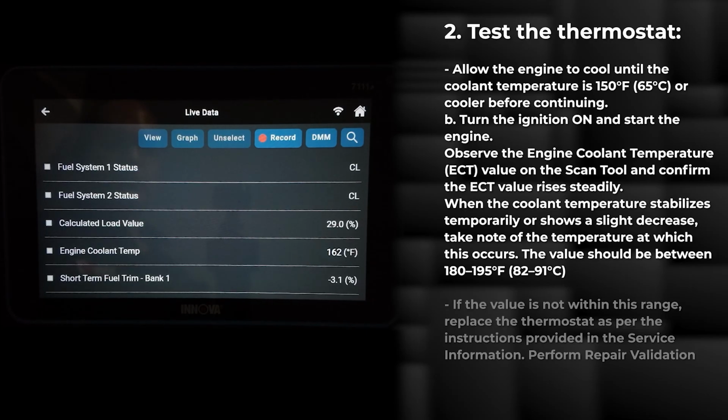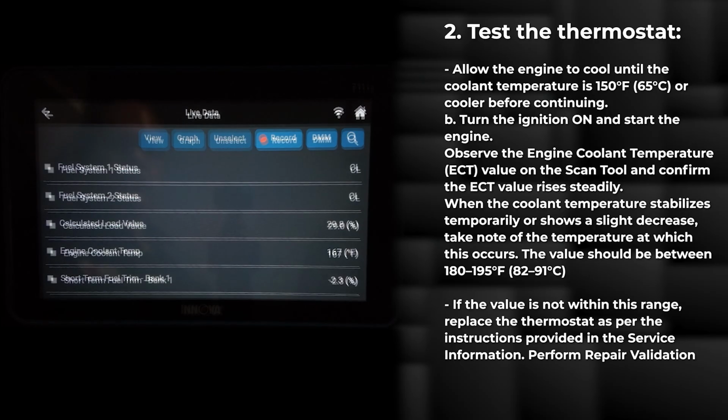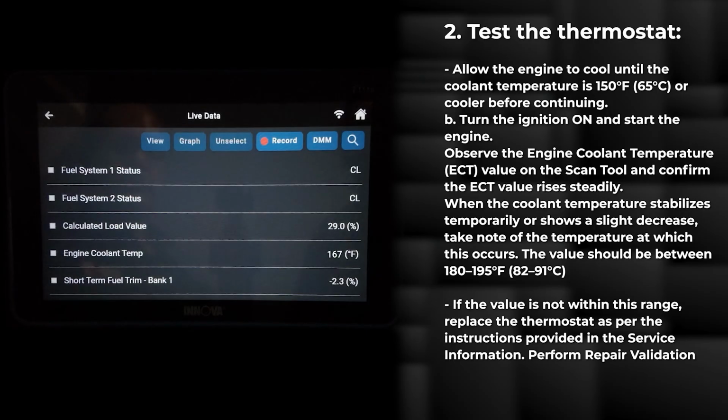The value should be between 180 to 195 degrees Fahrenheit, which is between 82 to 91 degrees Celsius. If the value is not within this range, replace the thermostat as per the instructions provided in the service information. Perform the repair validation.